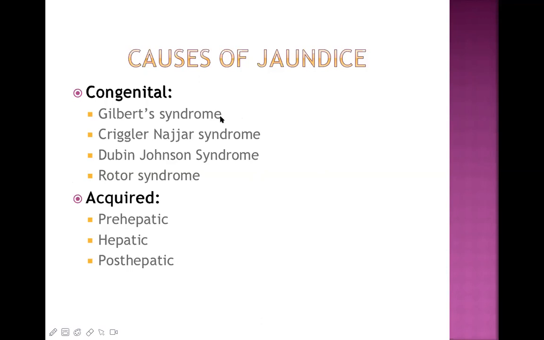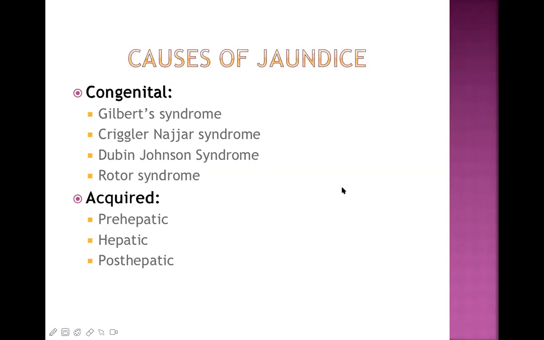In this condition, the enzyme glucuronide transferase is slightly inactive, so it can lead to slight jaundice only. Crigler-Najjar is a serious type of disorder where that enzyme is either absent or very decreased. There are two varieties, Crigler-Najjar 1 and Crigler-Najjar 2. Dubin-Johnson syndrome and Rotor syndrome are examples of conjugated hyperbilirubinemia, whereas Gilbert and Crigler-Najjar are unconjugated.